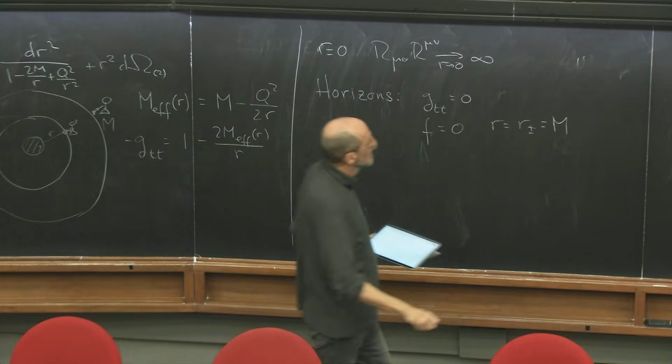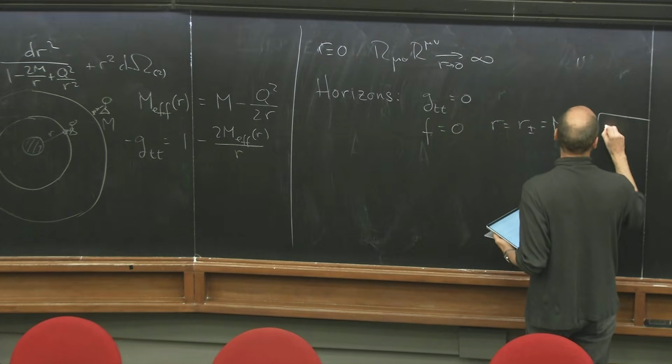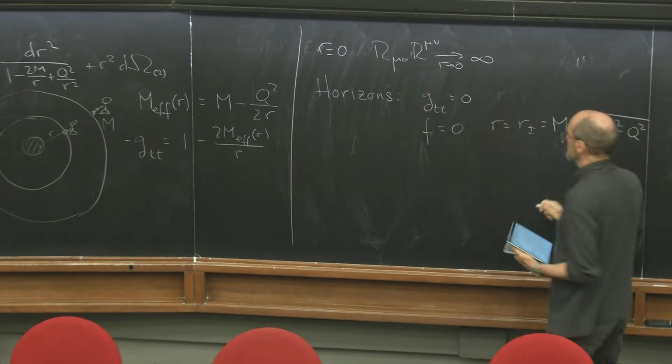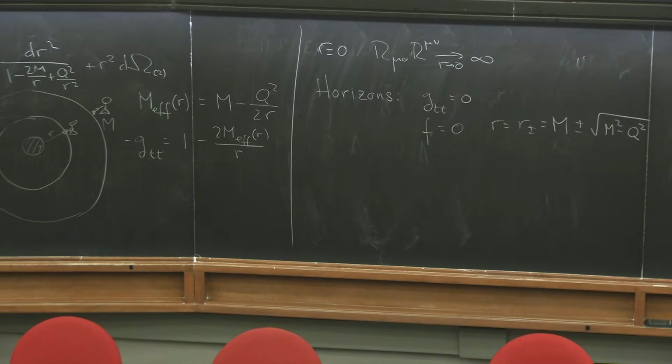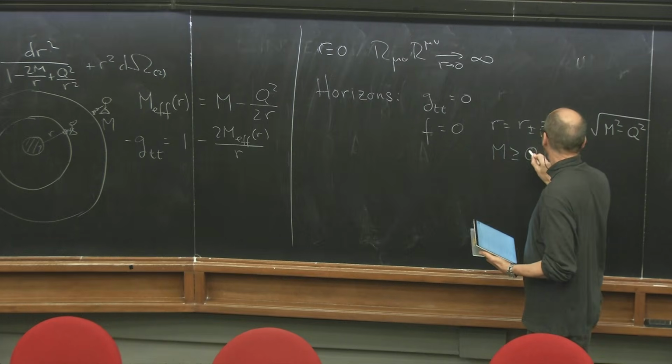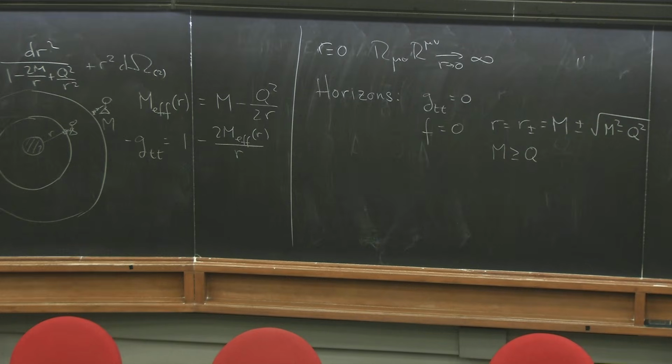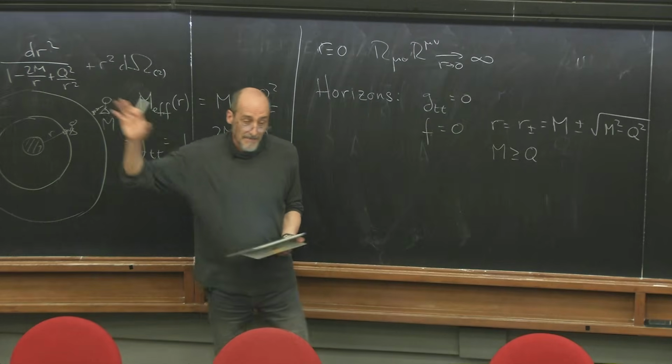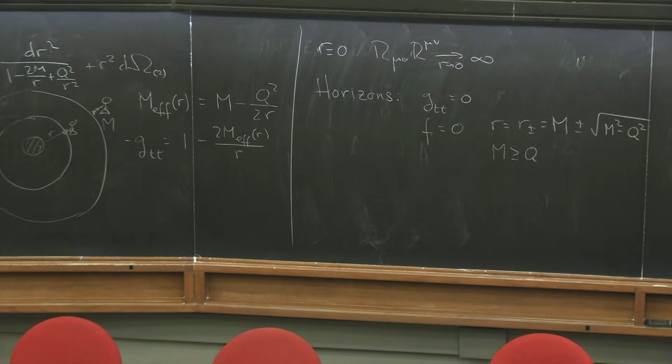That's a quadratic equation. So this will be real whenever m is greater or equal than q. I'm assuming that m is positive because I want my energies to be positive. I can assume that the charge is positive because, at least in the metric, it appears only with a square. If I'm interacting with particles, then I can always choose the sign so that this will be positive. Okay? So there's no loss of generality.